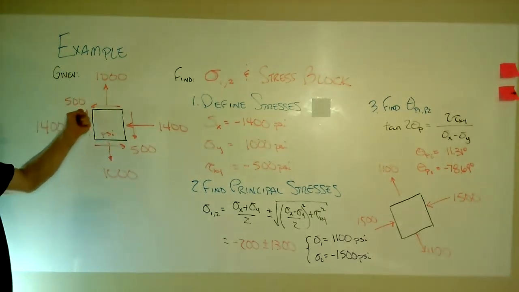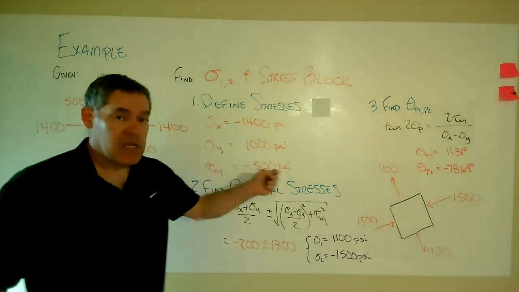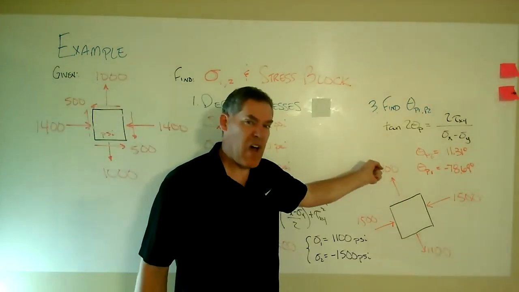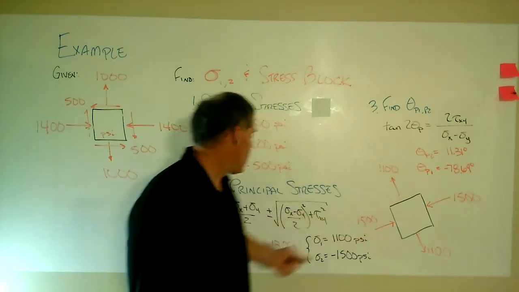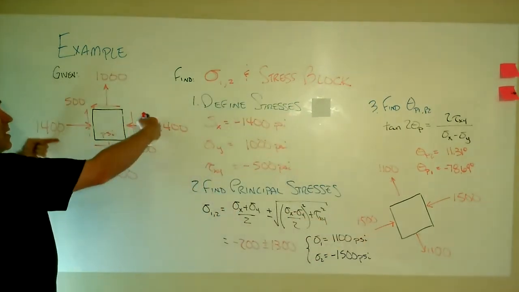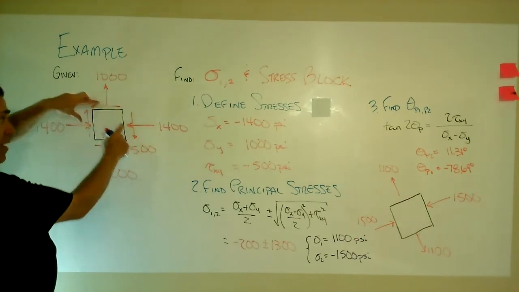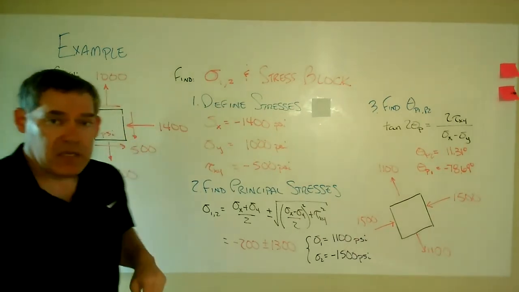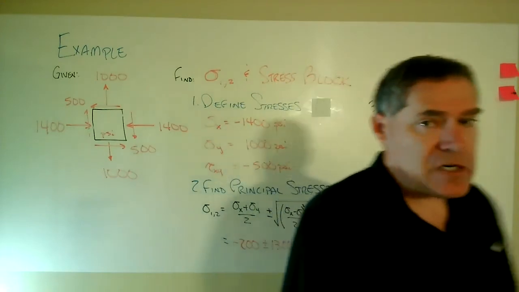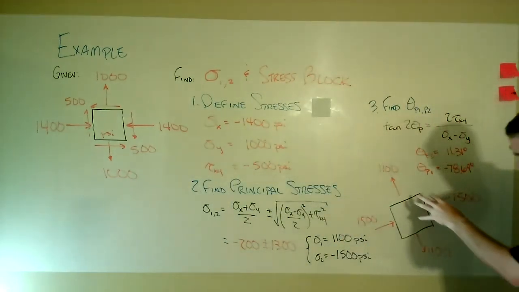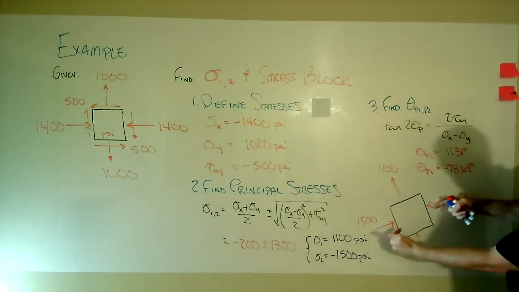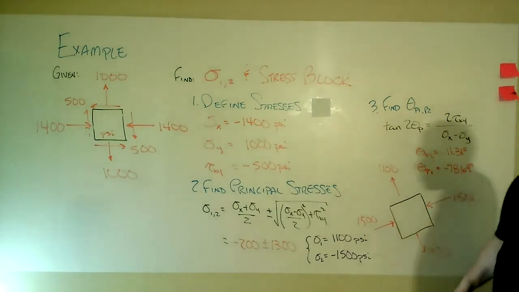The combination of that and this 1000 is what gets us to this one, up to the left slightly, that's the 1100. And the other one, which has a big 1400 squeezing, is in the opposite direction of how our shear stresses are trying to deform that block. And that sort of hints at why we're in that direction on those planes.